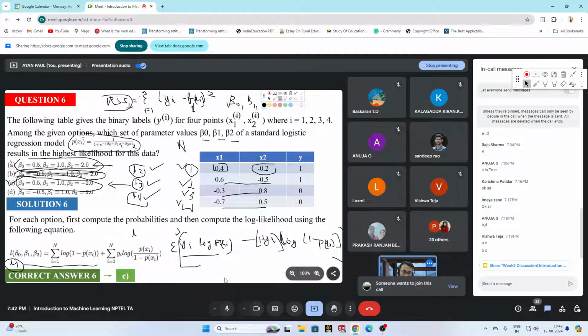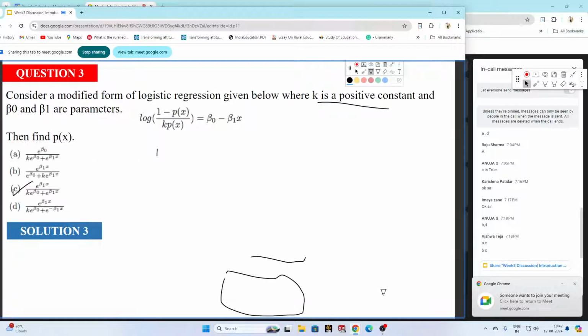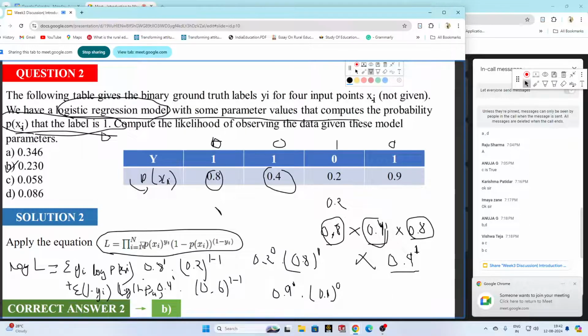Yes, definitely, we can do that. Without taking the log, just multiplying, we can also do that. You are saying we should apply this formula, right? Yes, absolutely, you can solve by this. Here also you have to see which likelihood is maximum, and that will be your beta option.